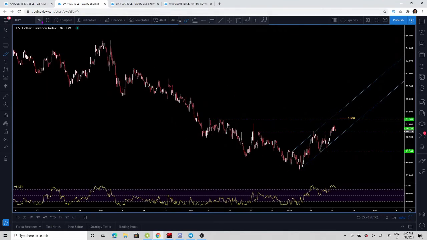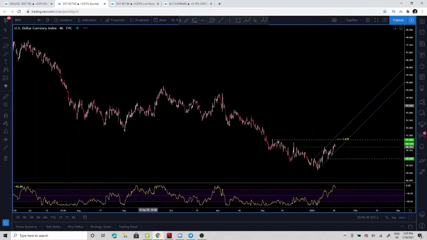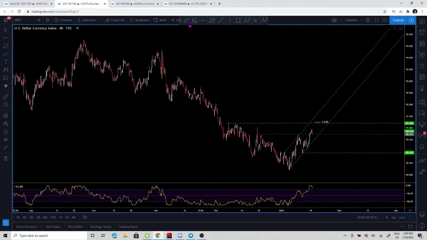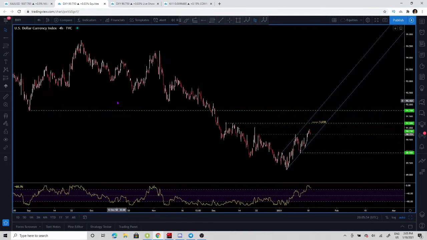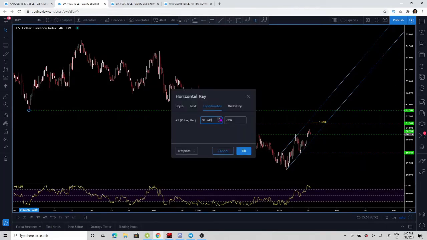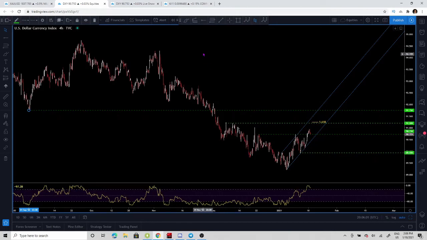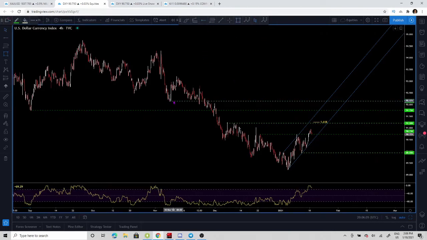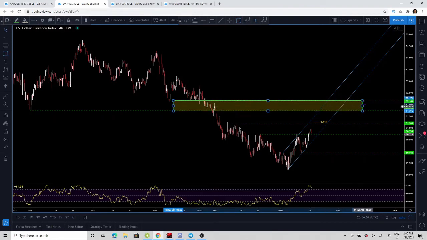Now, if we go to the 4-hour chart, let's look for some key levels. I'm sorry, on the higher time frames. The next key level I would say would be the 91.75, which is a massive level on historic price action. So I would recommend everybody eyeing this level for some shorts.